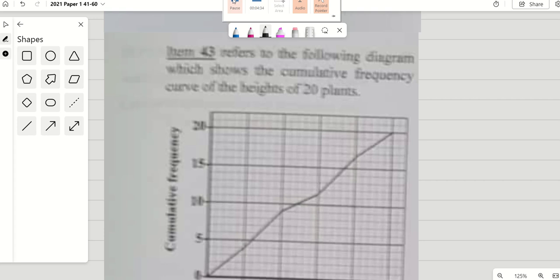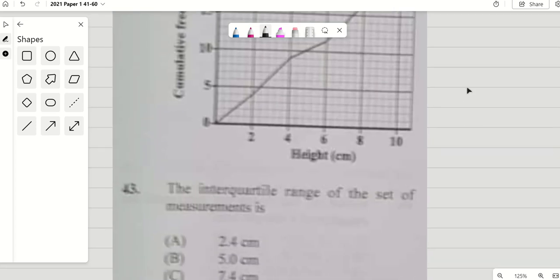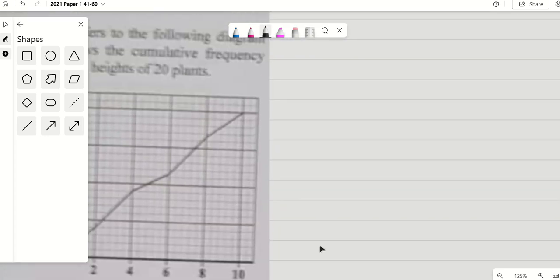Let's try to do this. Item 43 refers to the following diagram, which shows a cumulative frequency curve of height of 20 plants. The interquartile range of a set of measurements is, now we know interquartile, I don't want to keep on looking. The interquartile range is equal to Q3 minus Q1, where Q3 is equal to 3/4 of your total.